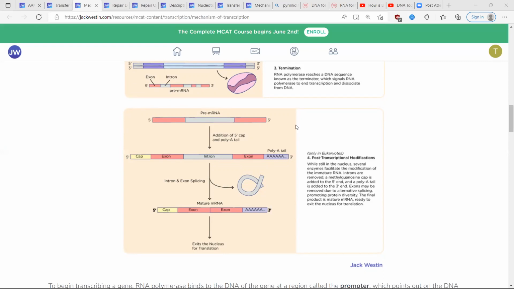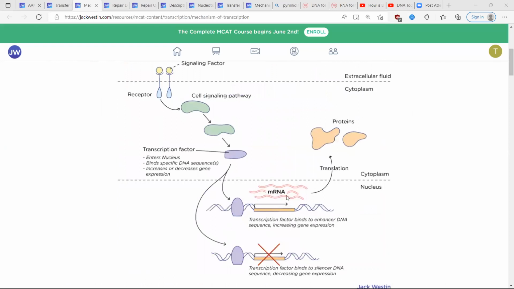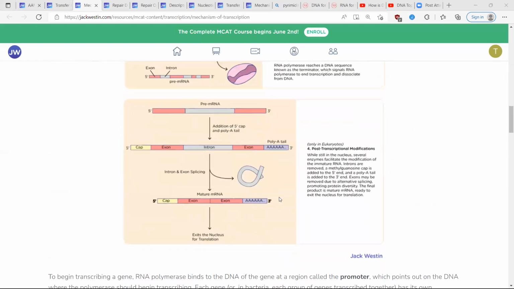So introns stay in the nucleus. Remember, right now we're still in the nucleus. All of this stuff that we just talked about is still happening in the nucleus. So the introns are going to be cut out, and we've got these exons. And then we're going to do two other things. We're going to attach this 5' methyl guanosine cap.